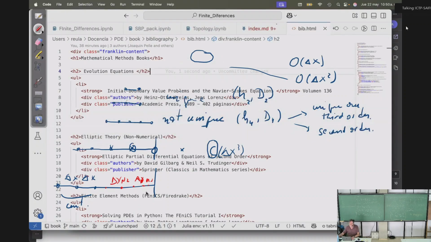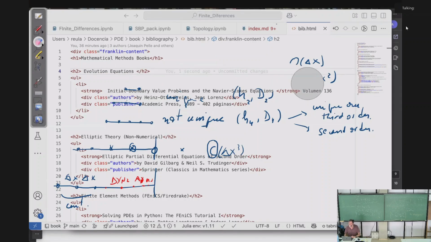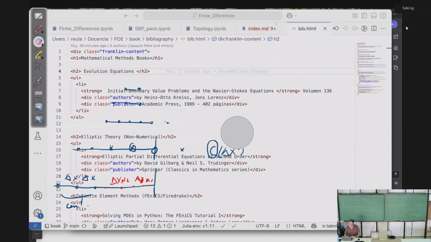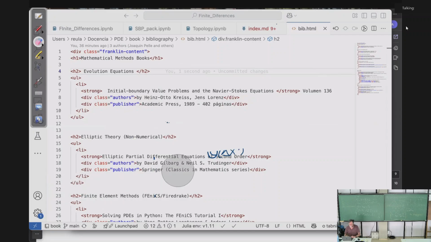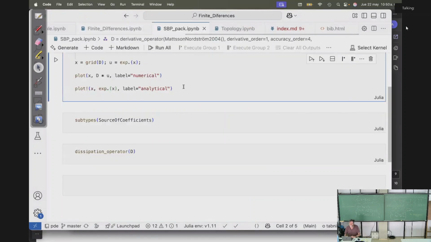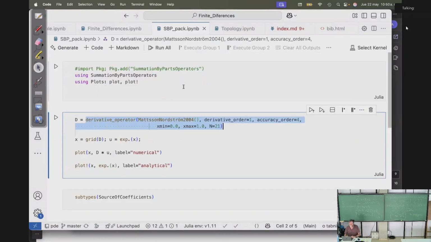So we now go to a notebook. So let's try with this notebook.